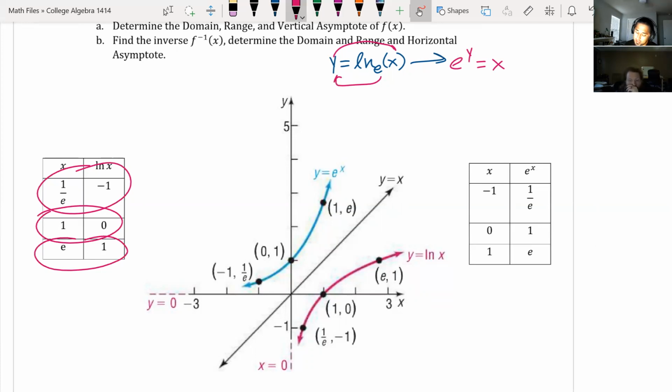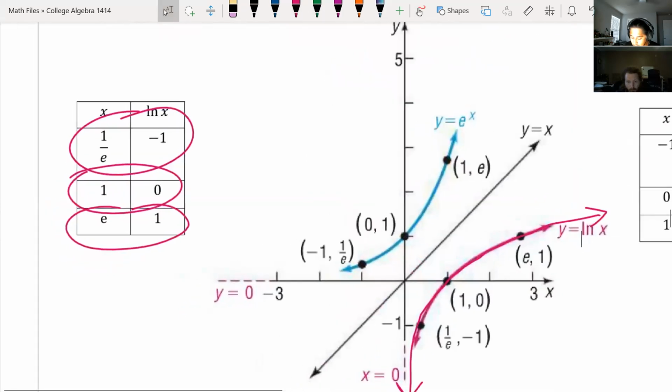Okay, and now these points are graphed over here on the right. So the red graph represents the natural log. And once again, we realize that we do not touch the y-axis. So no matter if you're a log or the natural log, your domain is still x greater than 0.